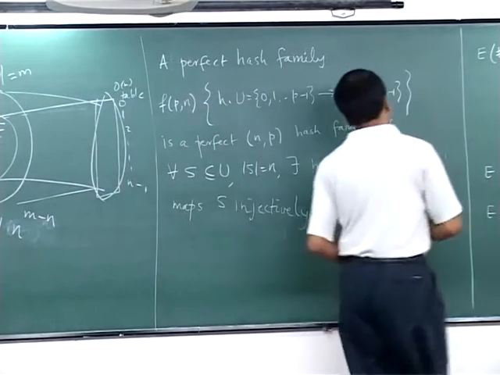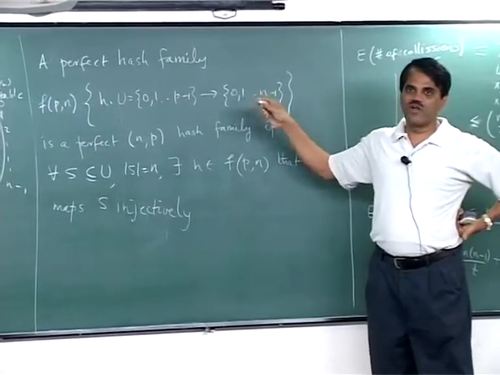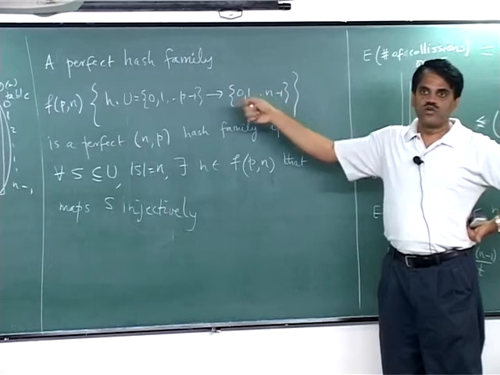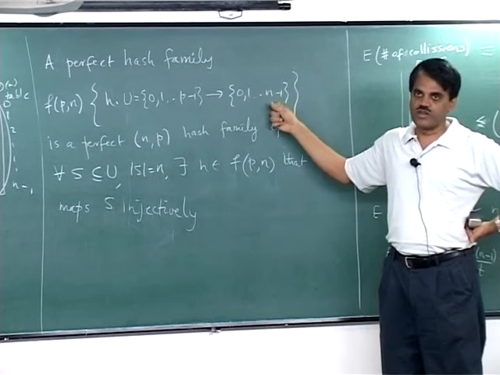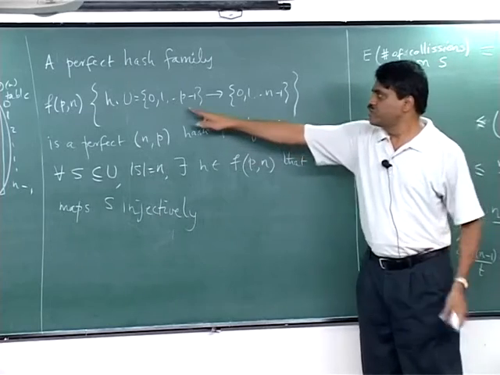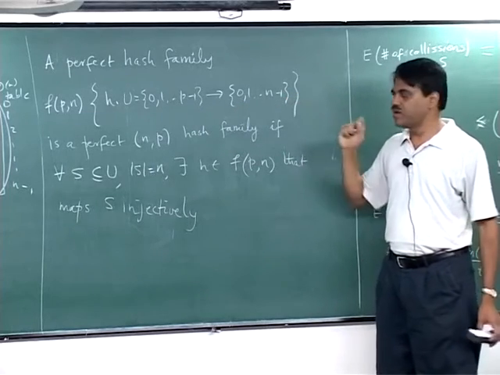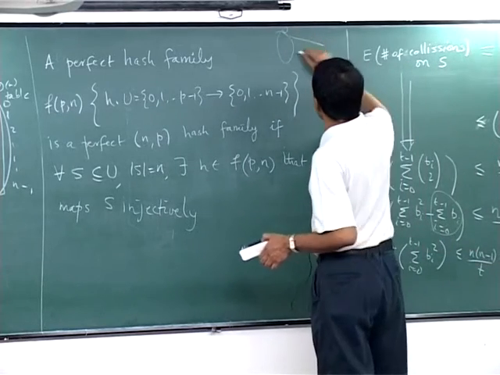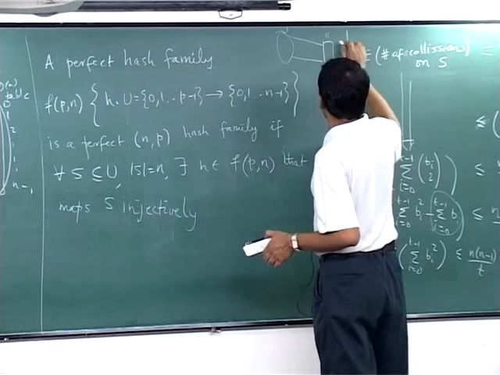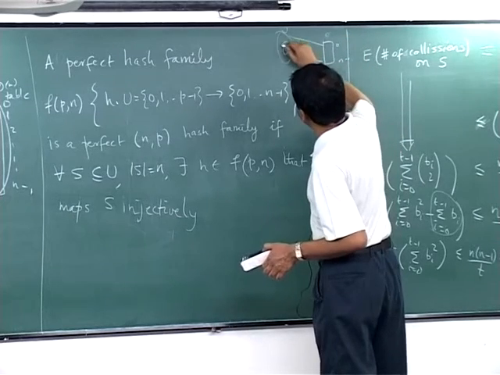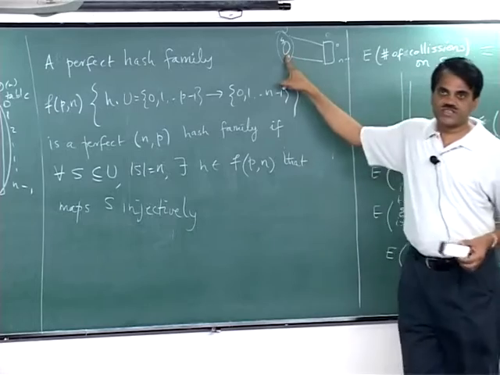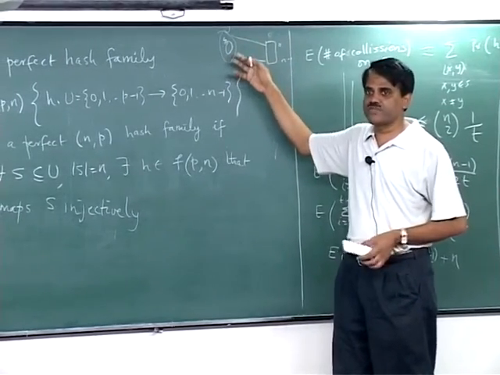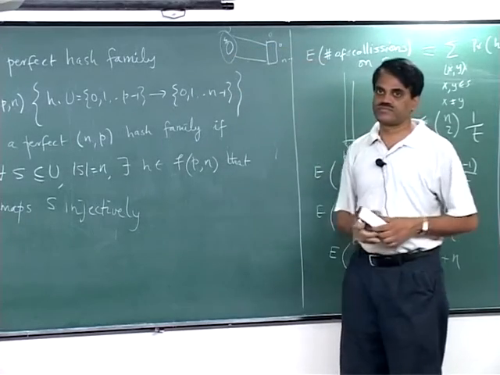I'm actually being very stringent here. I earlier allowed an order n size table, now I'm saying no, I want you to map it to exactly n values. I want a function which goes from this universe to a table of size n, such that if you give me any set S of size n, then there must be some function here which maps the set S injectively.